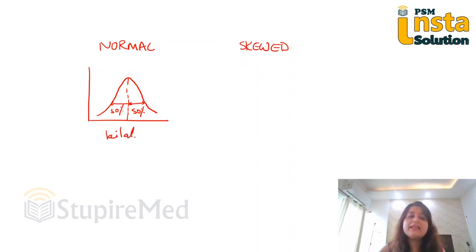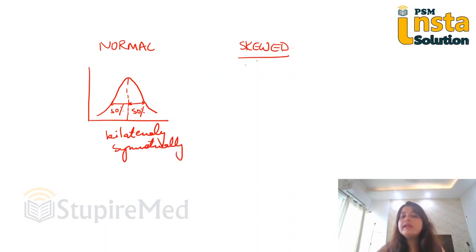So this is bilaterally symmetrical. But when we talk about skewed distribution, there are outliers in my data set which pull it either to the right or to the left. Whether it is pulled to the right or left depends on the direction of the tail.